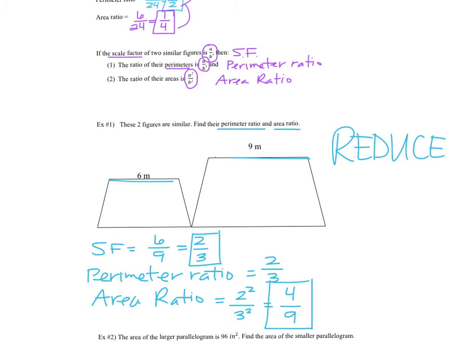Now be careful with this because a lot of times people see 4 to 9 and they go, oh, that's 2 to 3. Because you're square rooting in your head instead of reducing in your head, okay? Don't square root. If you can reduce it, if they're both divisible by the same thing, then sure. But don't square root that. 4 to 9 is your area ratio. Any questions on that?